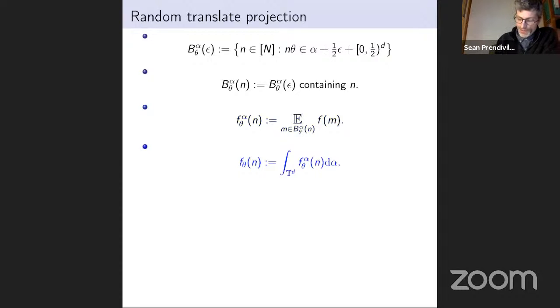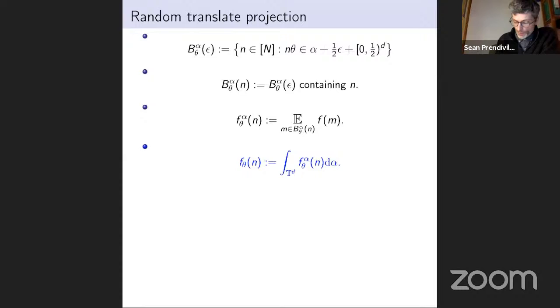Okay, so this isn't quite good enough for the continuity properties we want. And to get the continuity properties we want, we're just going to average over all possible choices of cuts of our circle. So we choose alpha uniformly at random from the d-dimensional torus. So this is going to be our projection.